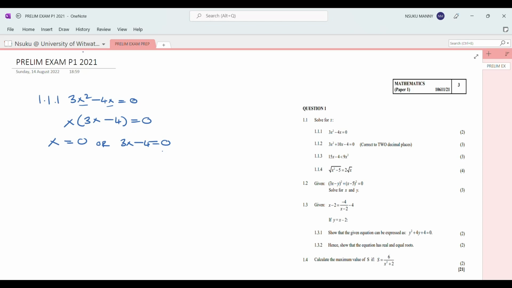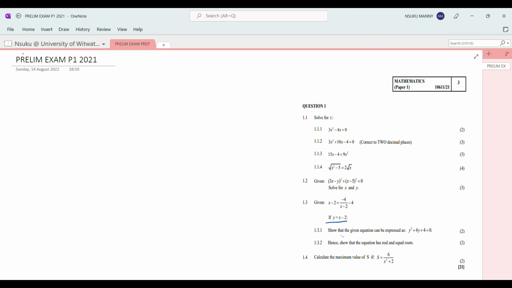So we can still solve this further. We're going to say 3x is equal to 4, and then we're going to divide both sides by 3 since we're looking for x, and then we have x is equal to 4 over 3. So both your answers will be x is equal to 0 or x is equal to 4 over 3.